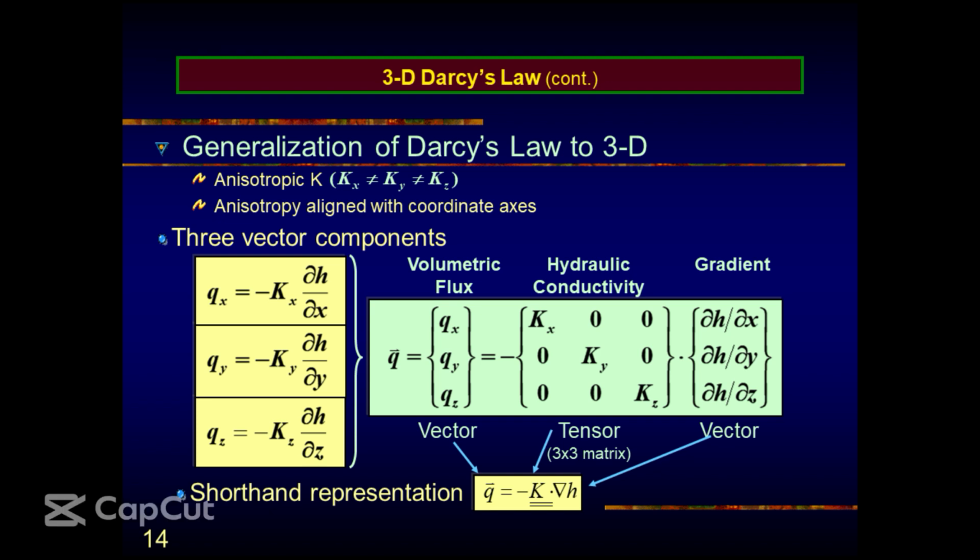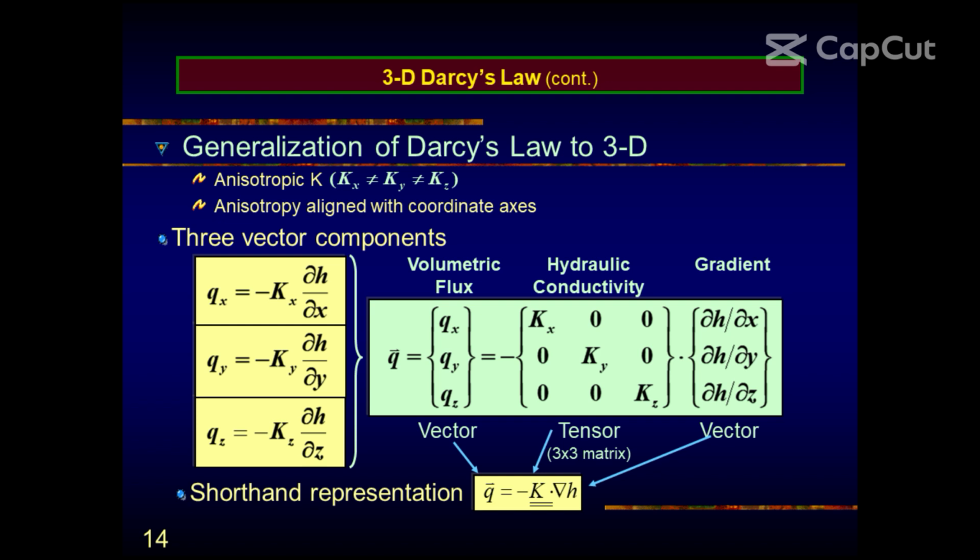But this double underline that we have here is because it is a tensor. A second rank tensor. We have zero rank tensors, first rank tensors, and second rank tensors. We even have third and fourth rank tensors. But hydraulic conductivity is a second rank tensor.